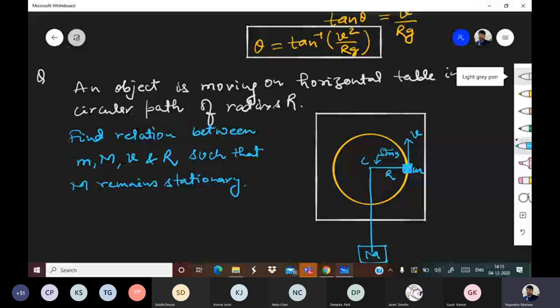Other end of the string is passing through a hole at point C. So basically there is a hole, and from that hole the string is passing, and at other end of the string, mass capital M is connected. So what basically we need to find is what is relation between small m, capital M, R and V such that capital M remains stable. So please solve and find the answer.